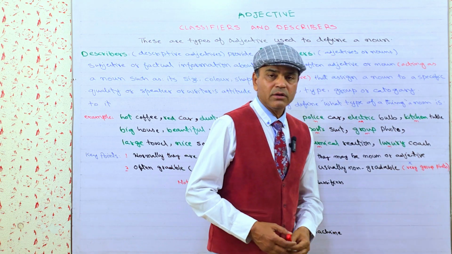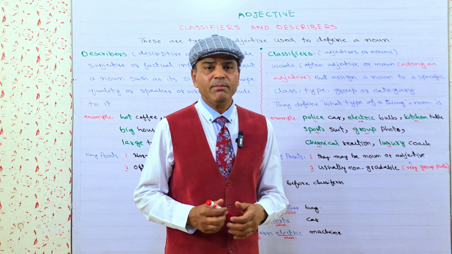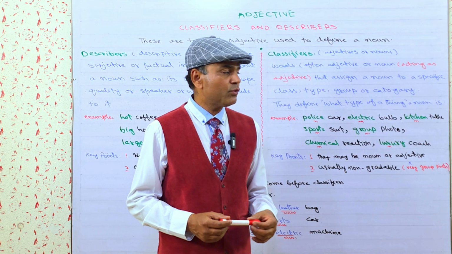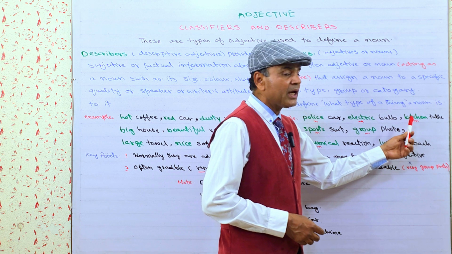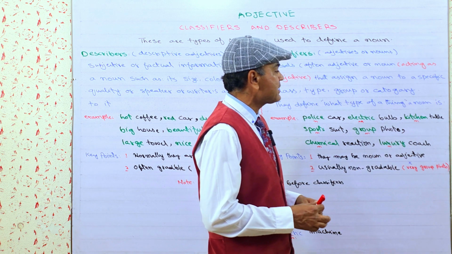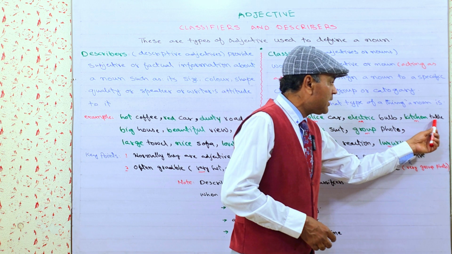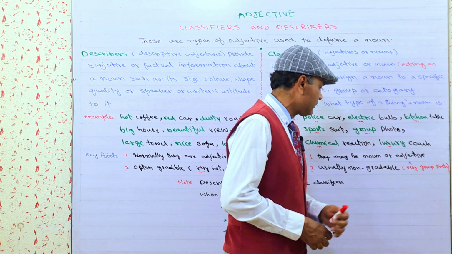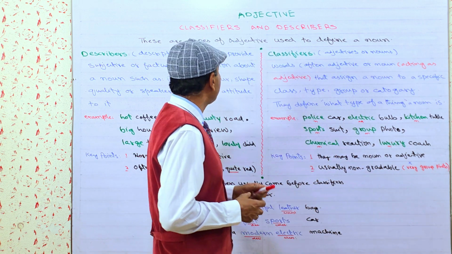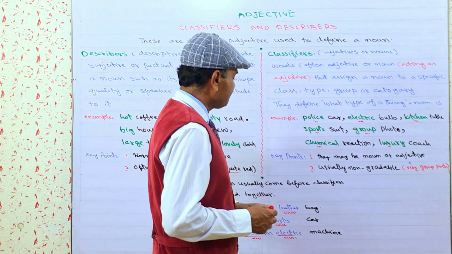Kitchen table. Now kitchen is the name of a place according to the grammar, but in this phrase it is functioning as an adjective and tells us what type of a table? Kitchen table. So here it functions like an adjective, and we will say it is a classifier but not a describer.